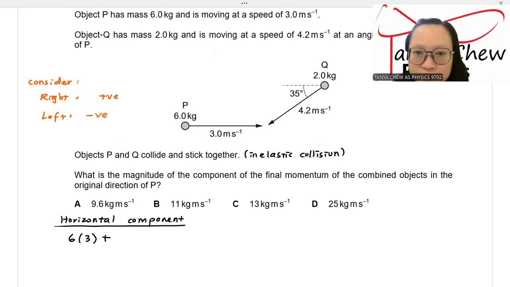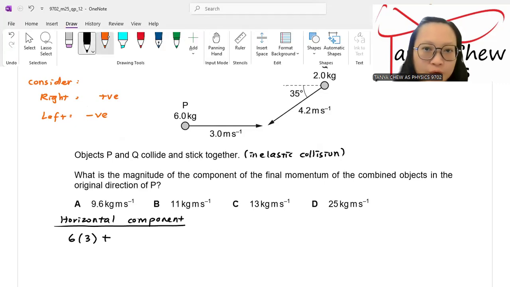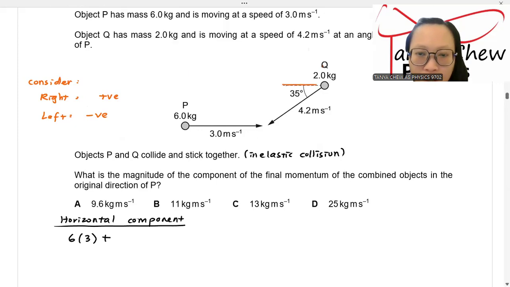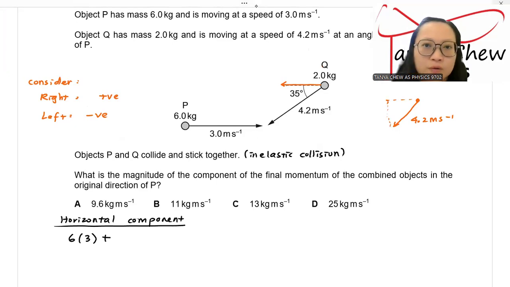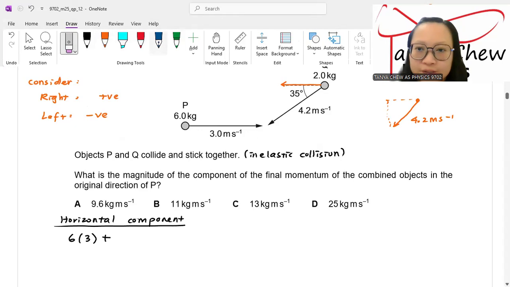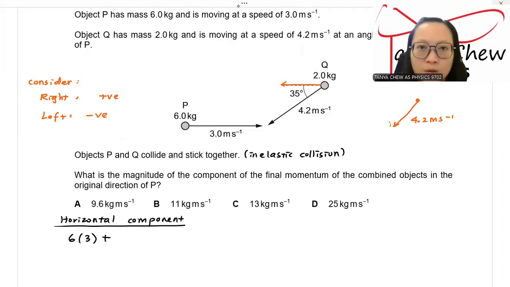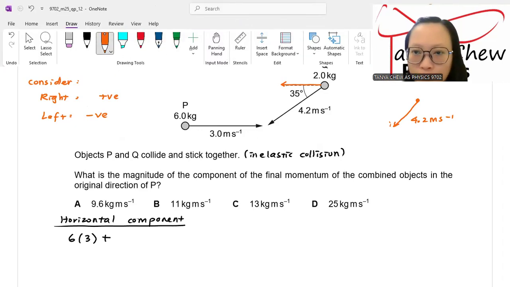Q, if I want to resolve it, this is the direction of Q, right? This is the velocity of Q, 4.2 meter per second. So I need to resolve it into horizontal. Let me write it down nicely. This is the horizontal component, and this is the vertical component.